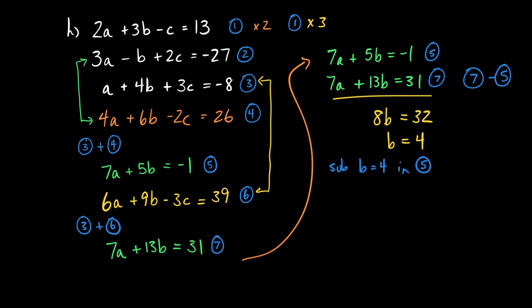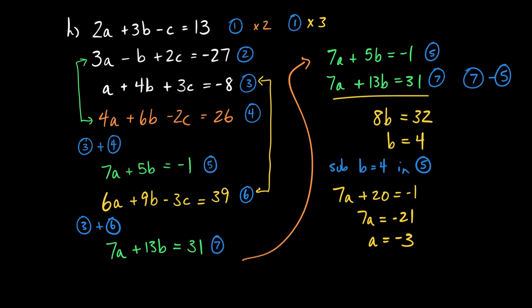That is going to give me 7a plus 20 equals negative 1. So 7a equals negative 21. Hey, that works out nice and neat too. Another integer. And you've now solved for both a and b. The only thing left to solve for is c.